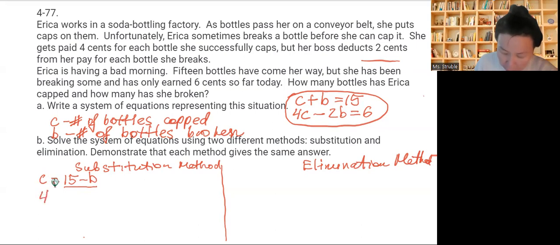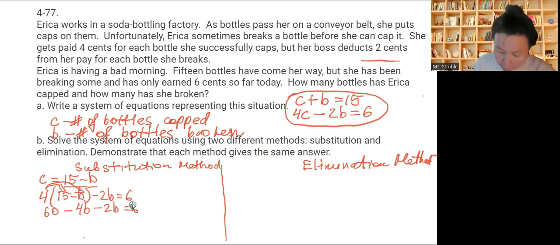So 4 times, in parentheses, 15 minus B, minus 2B equals 66. We are going to use the distributive property here.